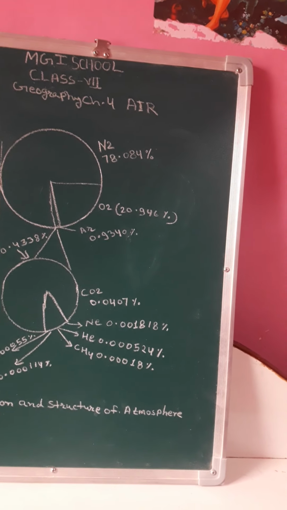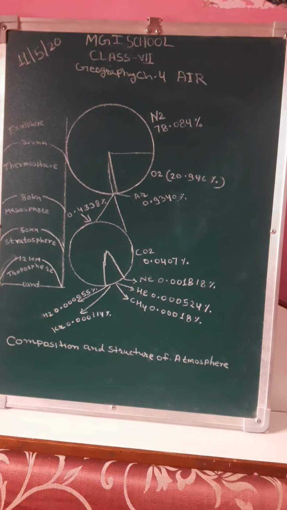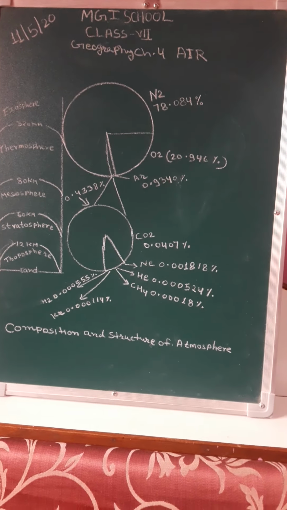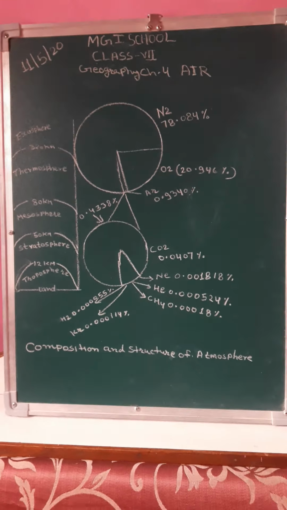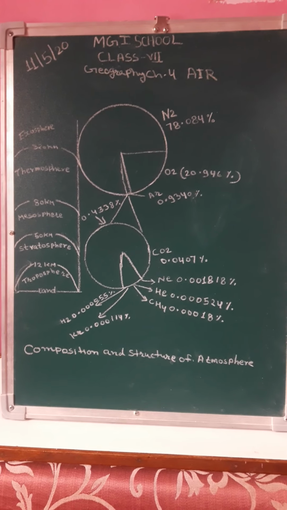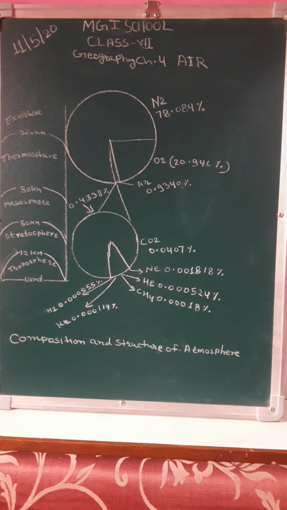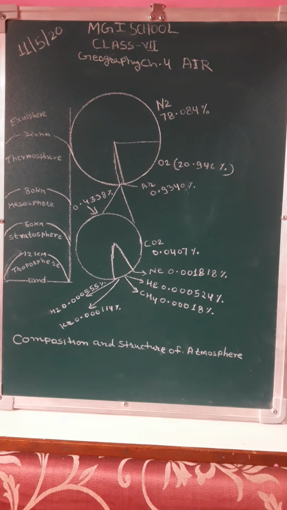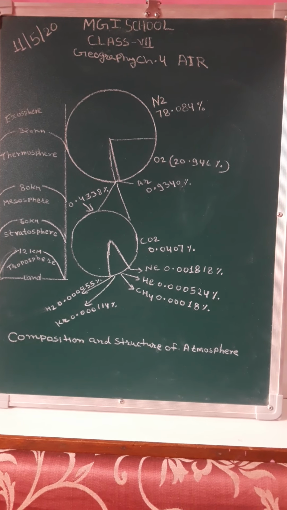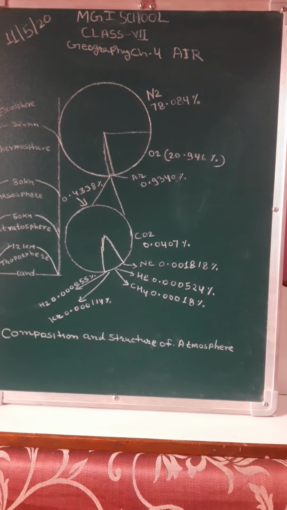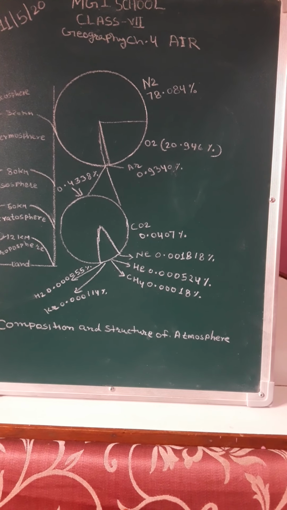When we inhale, we take some amount of nitrogen into our lungs and exhale it. Nitrogen is essential for plants to survive. They cannot take nitrogen directly from the air. Bacteria that live in the soil and the roots of some plants take nitrogen from the air and change its form so that plants can use it.